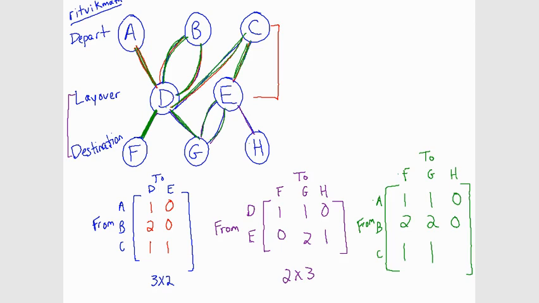So I actually need to erase this. I can take my path to E and then go to H, and there's just one way to do that. All right, let me go ahead and copy this onto a fresh slide, and then we will talk about matrix multiplication.